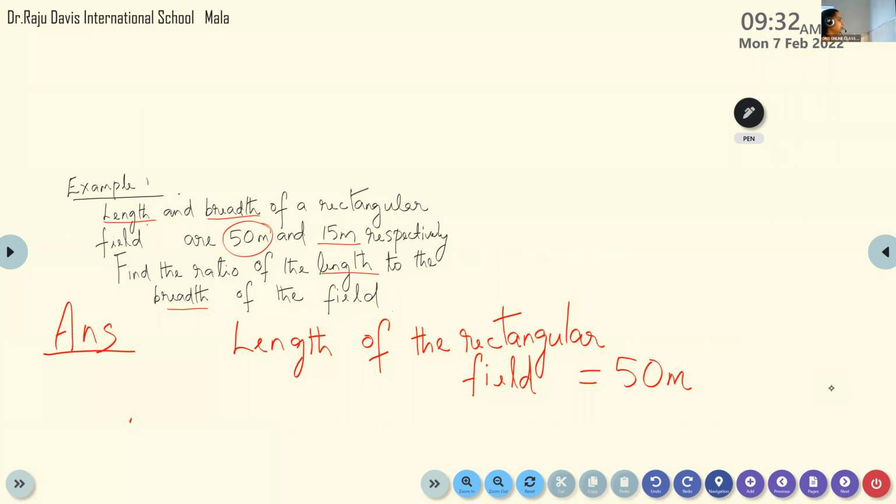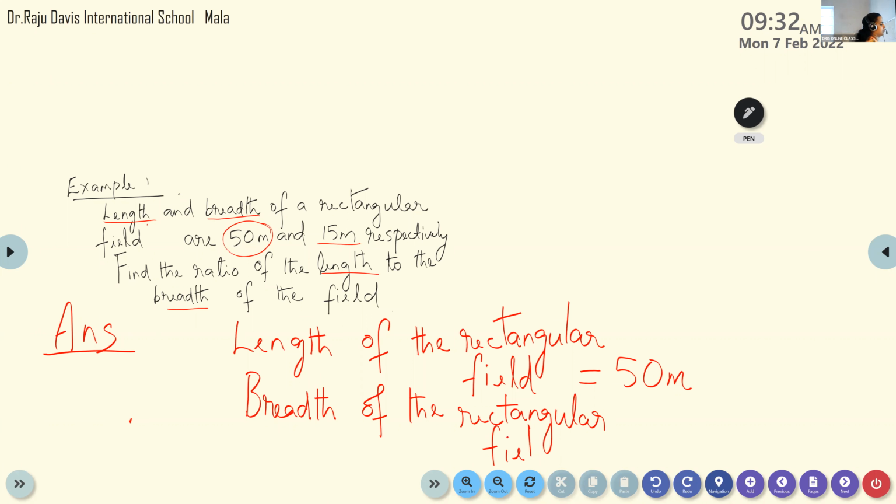Next, what will we write? Breadth of the rectangular field is given by 15 meter. Next, we have to write the ratio. The ratio of the length to the breadth.